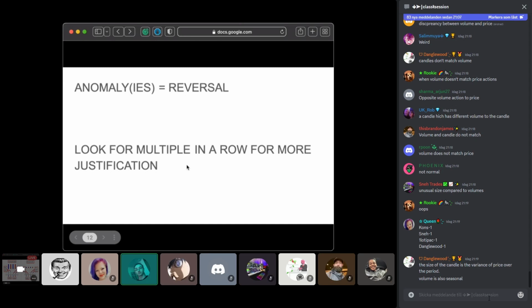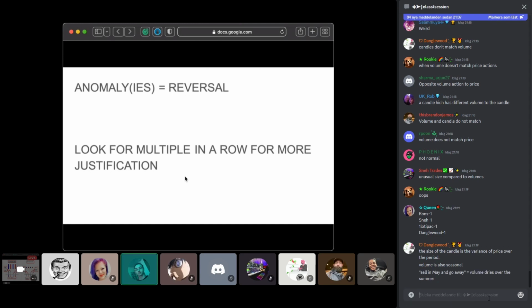So you're looking for more than one, or more than two, maybe if you're on a lower time frame. However, if you are on the daily, you could honestly just use one candlestick, and there is probably a good chance that there will be an anomaly, especially if you're looking at a highly liquid stock where manipulation is easier to tell. I suggest looking at SPY if you're going to practice this.